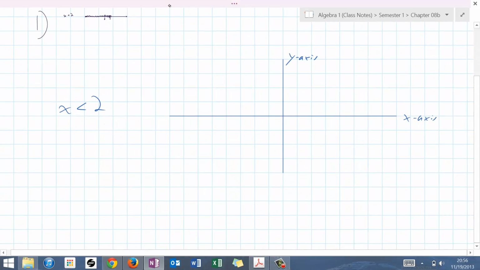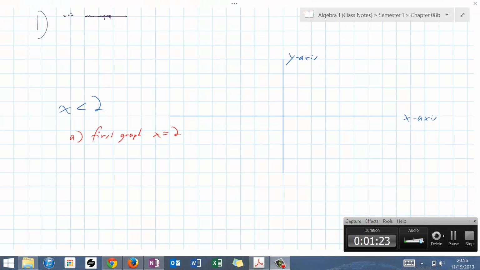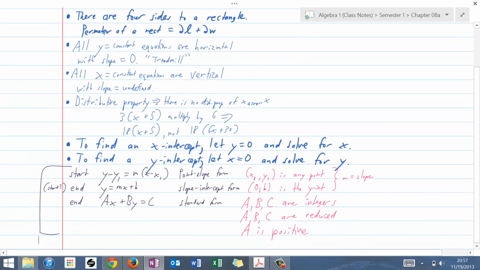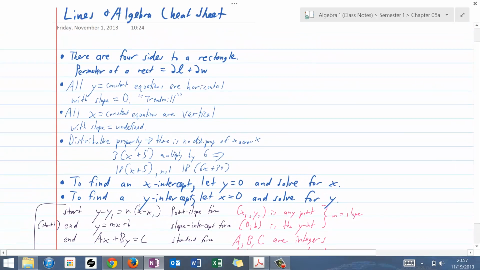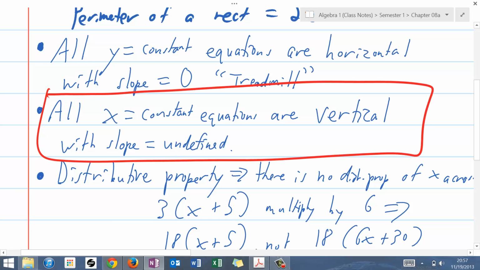So to figure out how to graph x is less than 2, I want to first graph x equals 2. Now, if I pop back over to our cheat sheet, and yes, I'm going to pause this, this is the cheat sheet as we had it, and one of the things that we said is all x equals a constant equations are vertical with slope undefined.